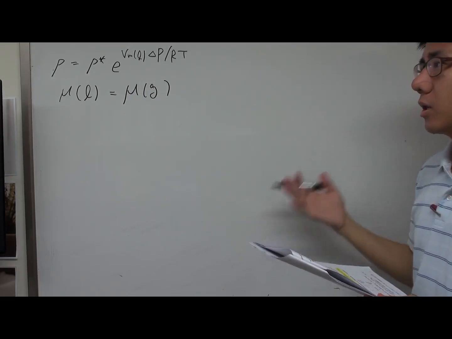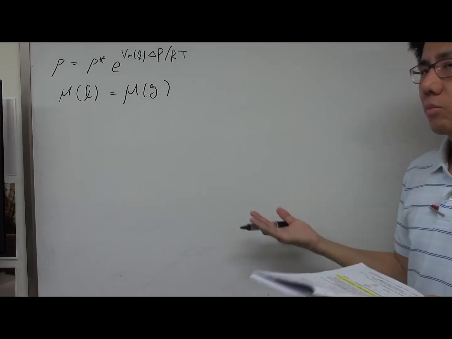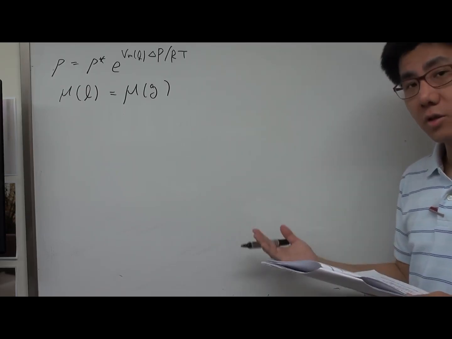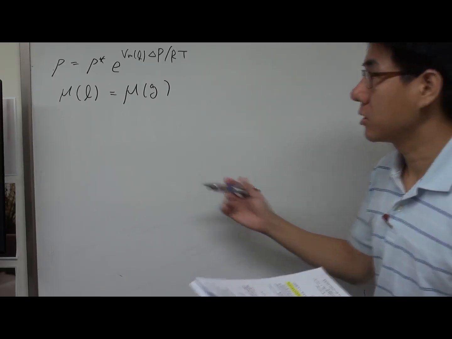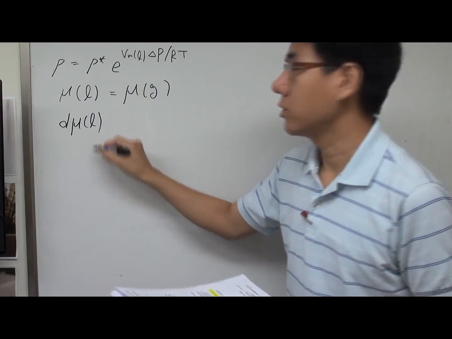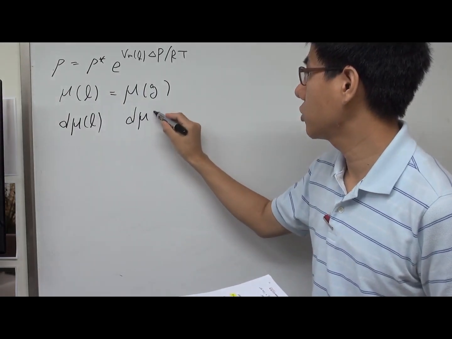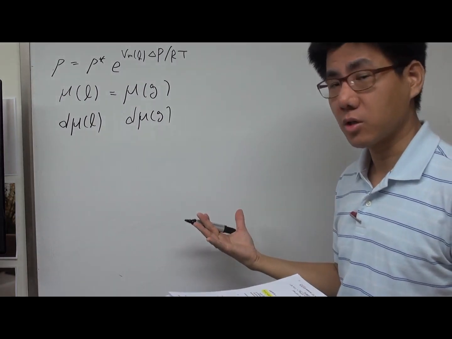So let's say that we apply pressure. After we apply pressure, liquid and gas would again be in equilibrium, right? Which means that the chemical potential of liquid would change, and also the chemical potential of gas would change after we apply pressure.